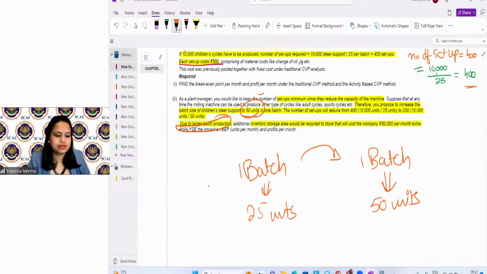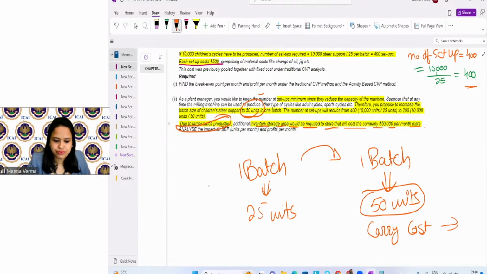So what is happening here? Due to large batch production, additional inventory storage area would be required to store, which will cost 50,000 per month extra. Since you are producing the goods and you have increased the batch size, it will increase the carrying cost. How much? 50,000 per month carrying cost is increased.